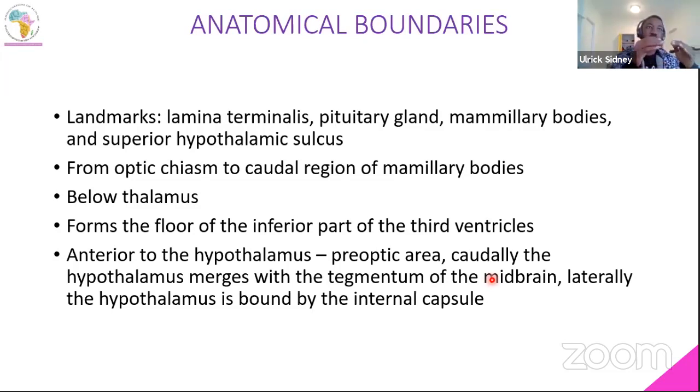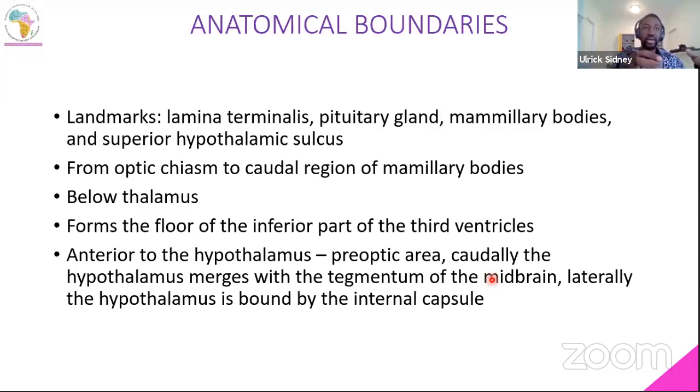Medial to the hypothalamus, you have the third ventricle, and then lateral, it's contiguous, if that's the word I was looking for. So lateral to the hypothalamus is contiguous with structures like the deep gray matter nuclei, as well as elements of the internal capsule.